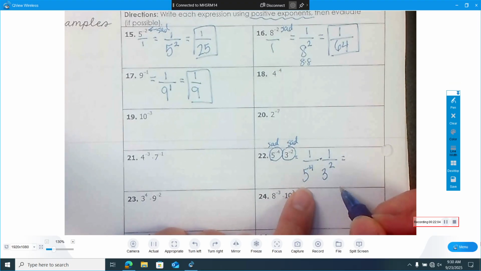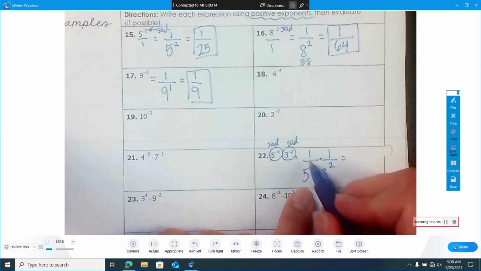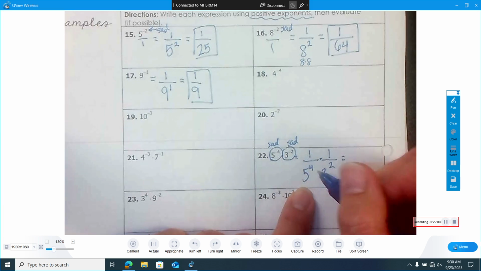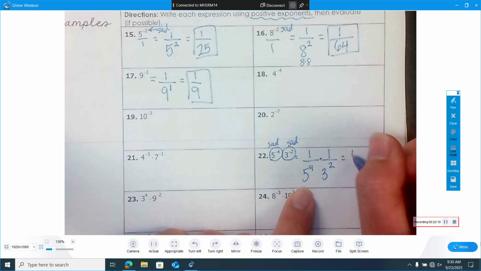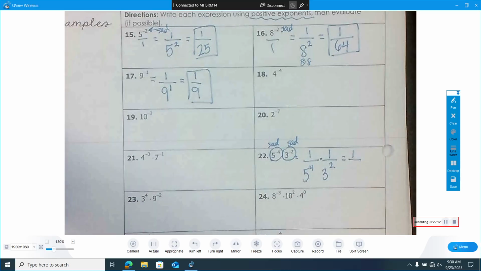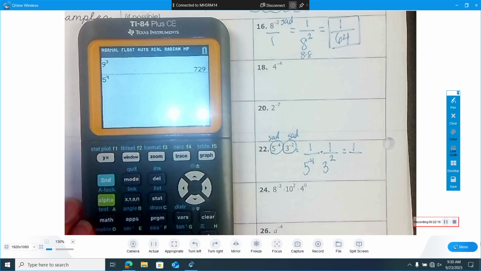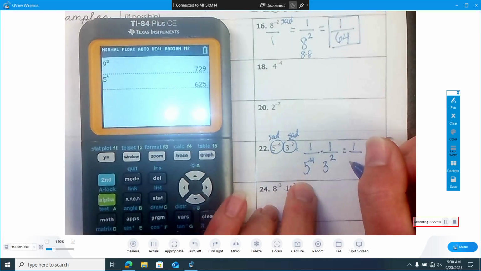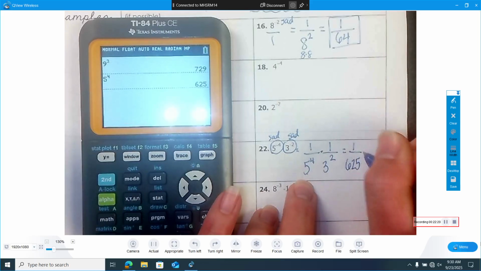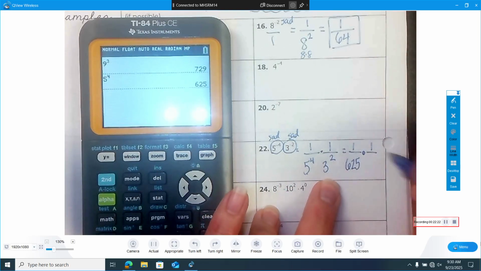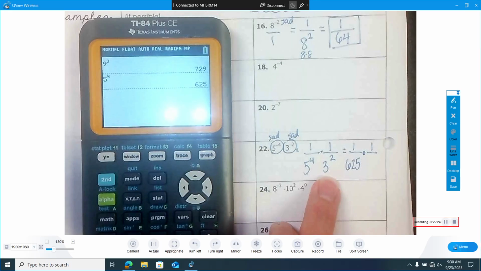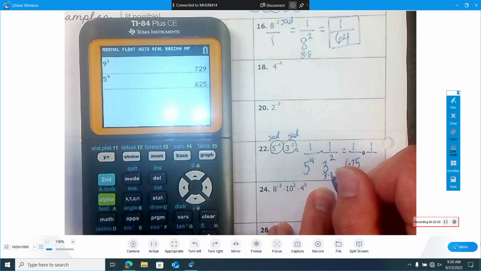So on the top here, I have 1 over, what is 5 to the 4th? 5 to the 4th is 625. And then I have 1 over, what is 3 squared? 9. 3 times 3 is 9.